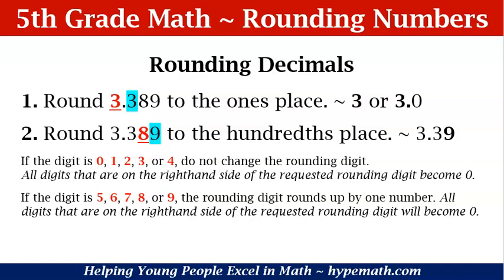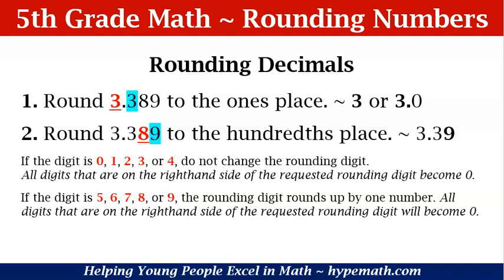Number 2, we are rounding 3.389 to the hundredths place. We know that the 8 is in the hundredths place, so that's our rounding digit. We are going to look at the number that's immediately to the right, and we see that that is a 9, and it's highlighted for you so that you can follow along and have a visual.